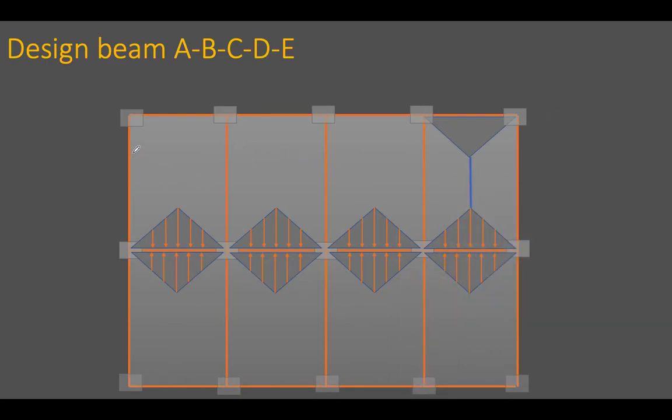We are having each slab panel as, this is 5 meter, this is also 5 meter, this each panel 4 meter.